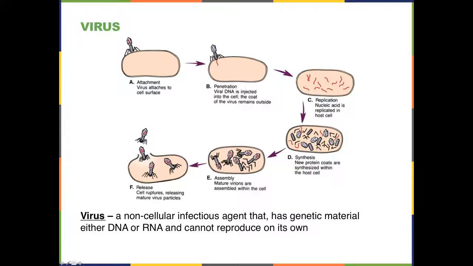Once the cell becomes loaded with virus, a process known as the lytic pathway occurs and releases the virus into the system. So you start out with penetration, replication of DNA, then synthesis of new virus, assembly of the virus, and then rupture and release of the virus to infect other cells.